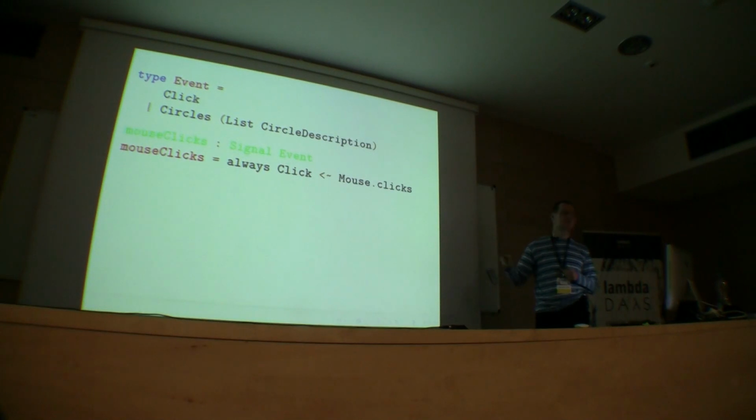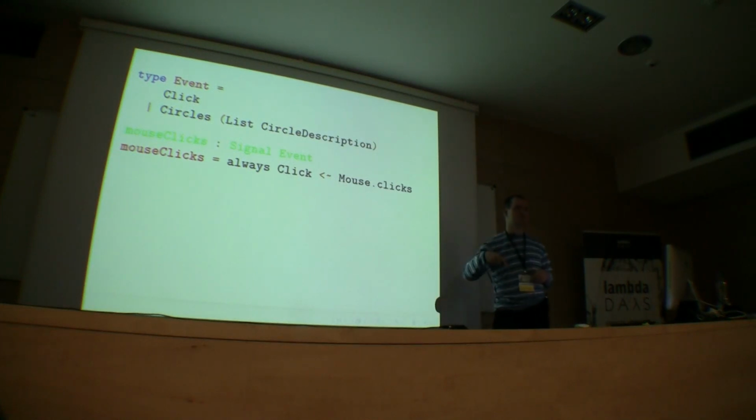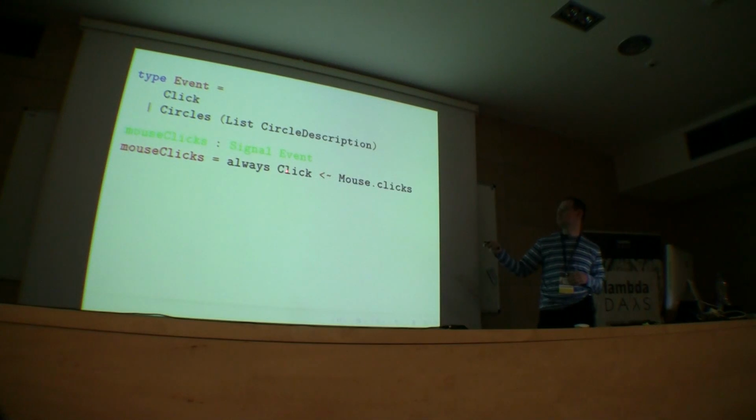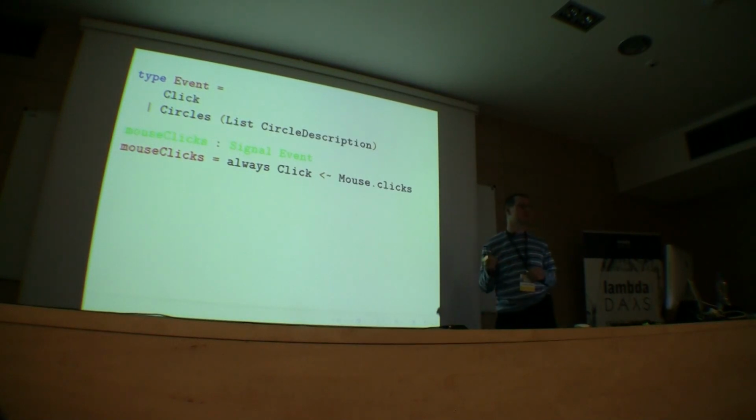So always is a function that takes a value and returns a function. That is a function that takes any value and returns click always. And I'm mapping that function over the signal. I get a signal of clicks. So this signal will always have the same value, click, but we will be able to detect the events.